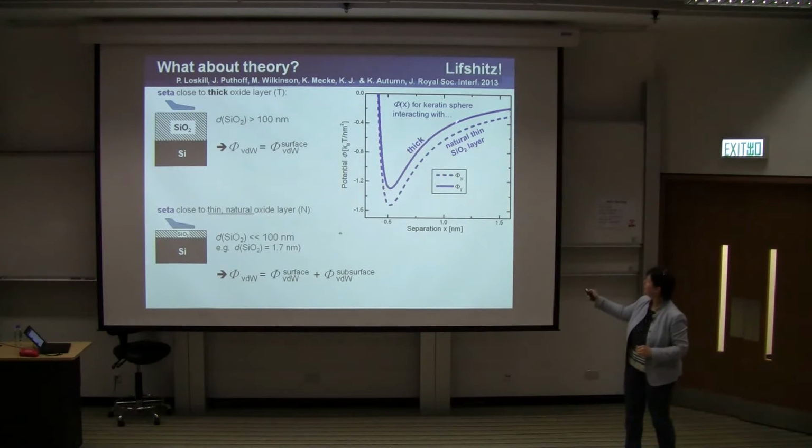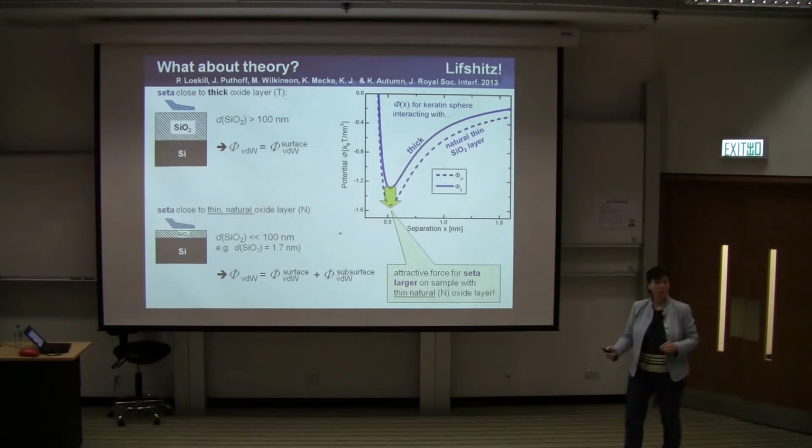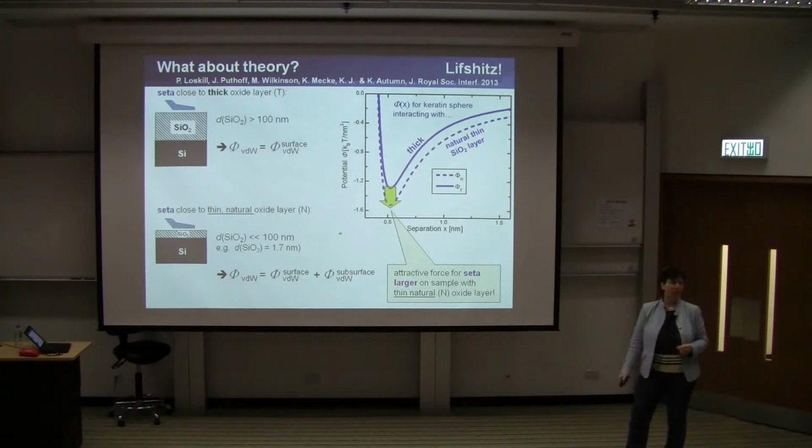But what we see is that, again, the thick silicon dioxide potential is above the thin one. In other words, the minimum, which is a measure for the maximum adhesion force, is deeper, again, for the thin natural silicon oxide layer thickness.